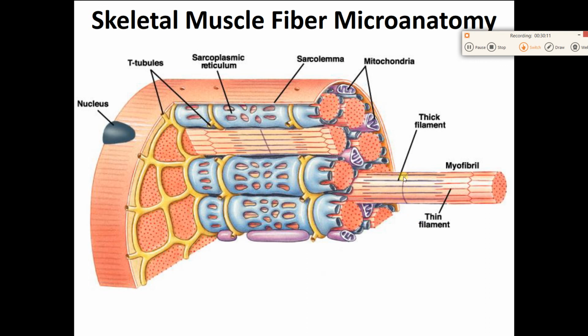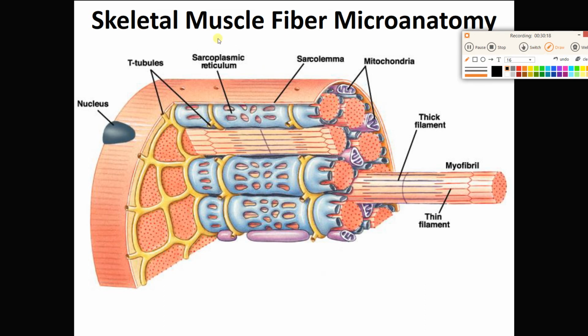Now, I also see these blue guys here. These blue guys are collectively known as the sarcoplasmic reticulum. It is basically the endoplasmic reticulum of the muscle cell. And its number one job is to store calcium.